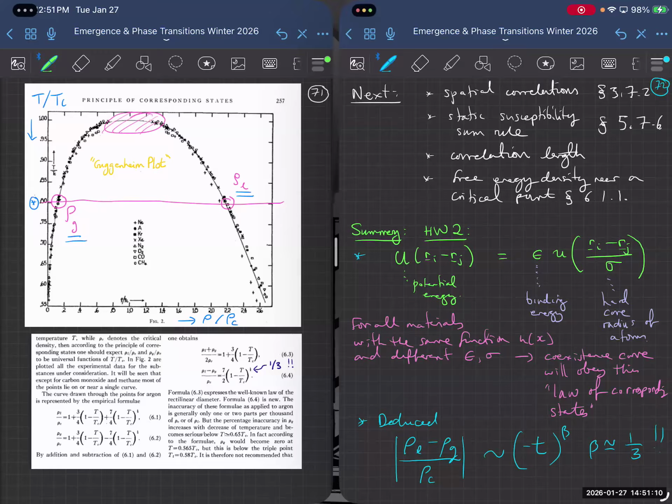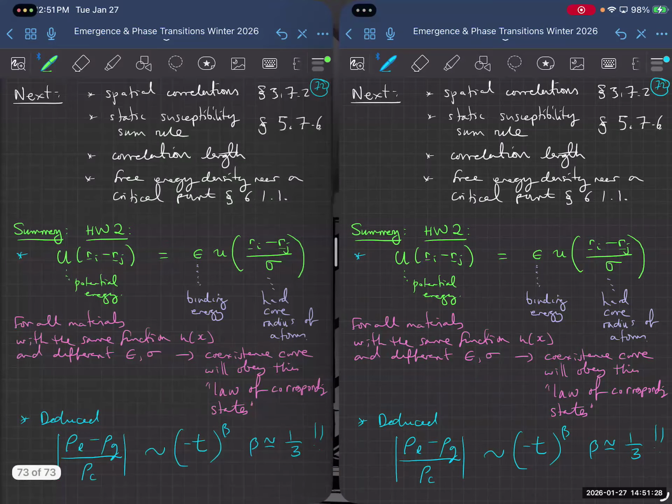But real systems are not like that. If you do a computer simulation or you do an experiment, you see spatial structure. And we need to talk about spatial structure now in order to properly understand what is happening at a phase transition.